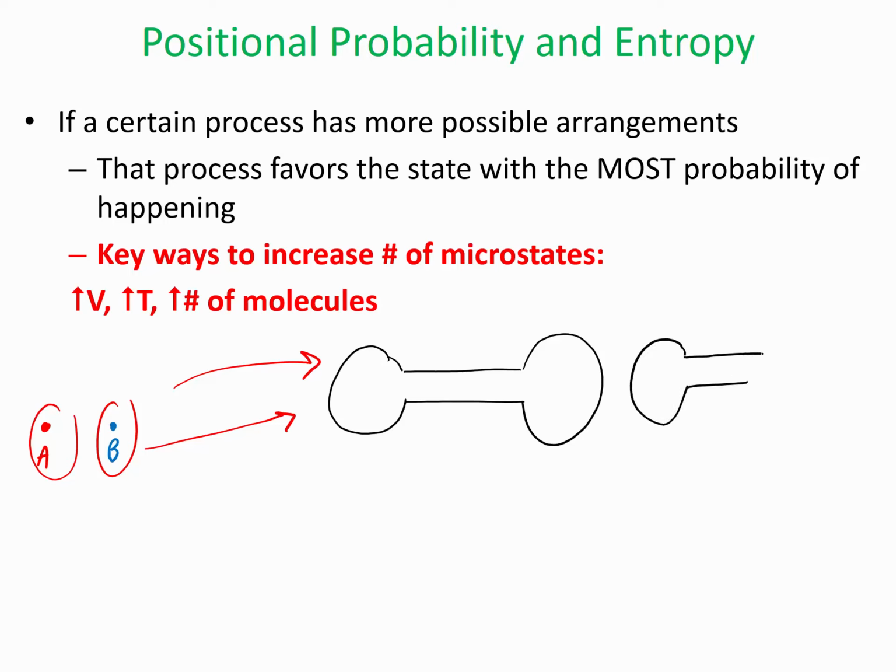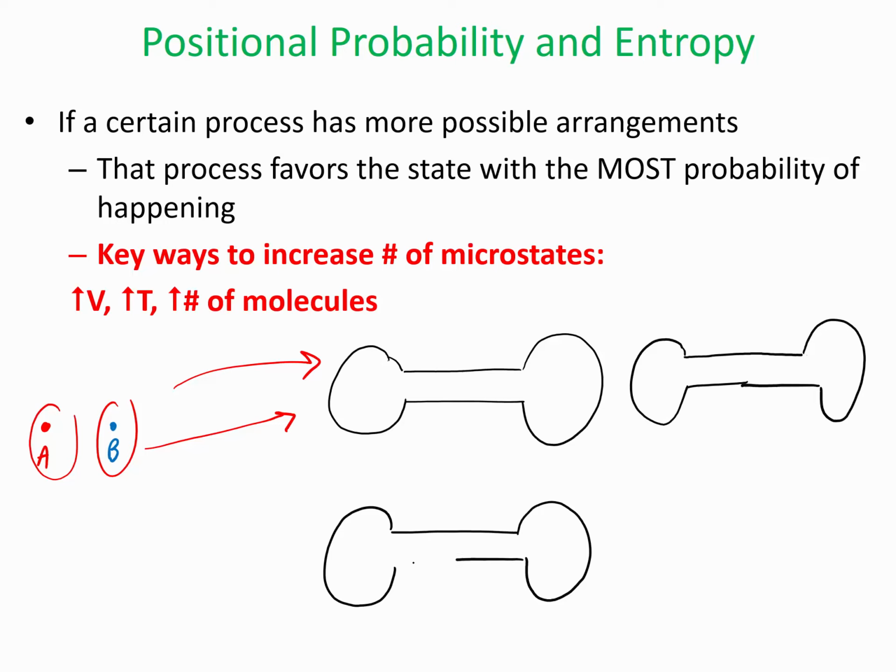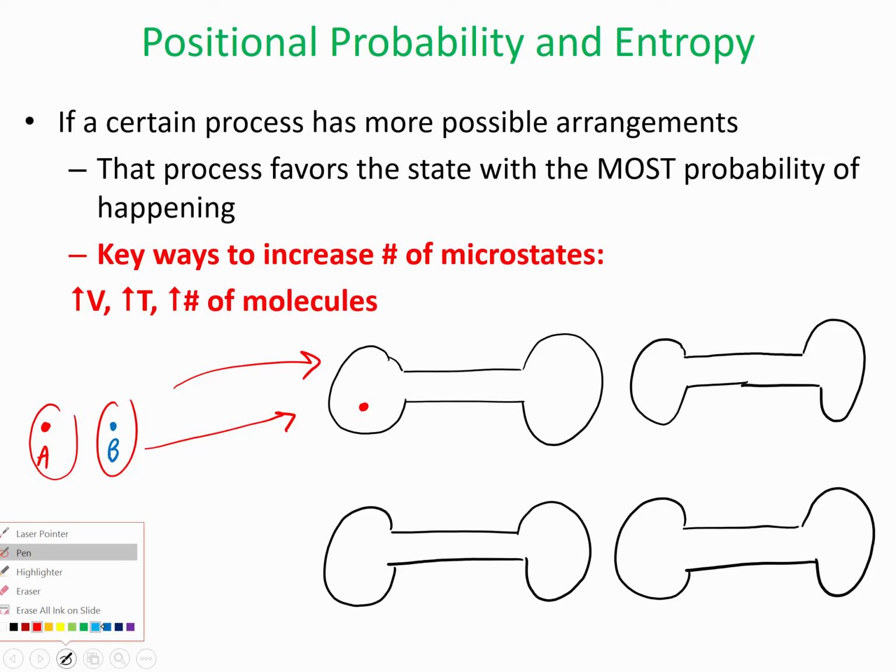The most probable arrangement is the one that has the most possibilities. So we see that there's a statistical dependence in entropy, this idea of randomness or disorder. We could have one where A and B are both on the same side.